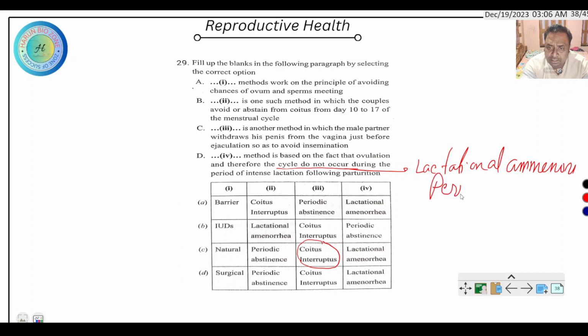In this period, up to 6 months after parturition, when babies drink their mother's breast milk, the prolactin hormone is at its peak. During this time estrogen and progesterone are not produced, so ovulation does not occur. So it is a natural contraceptive, and C is the right answer.